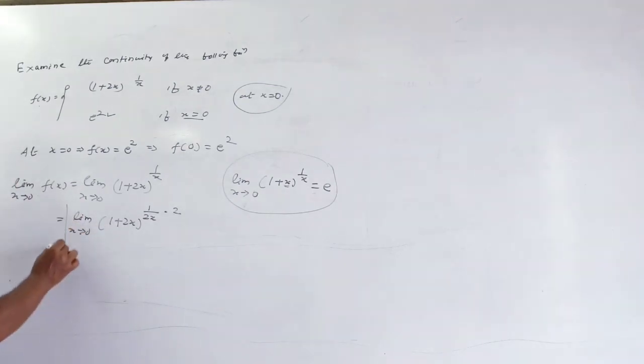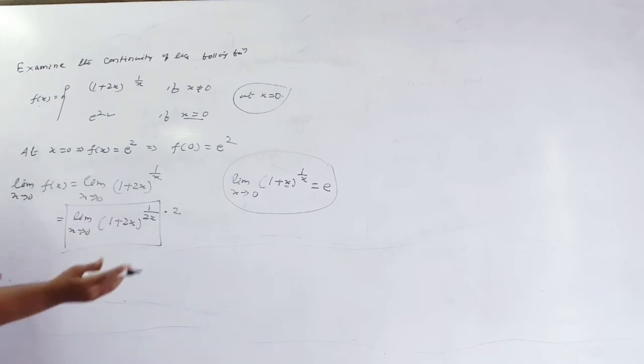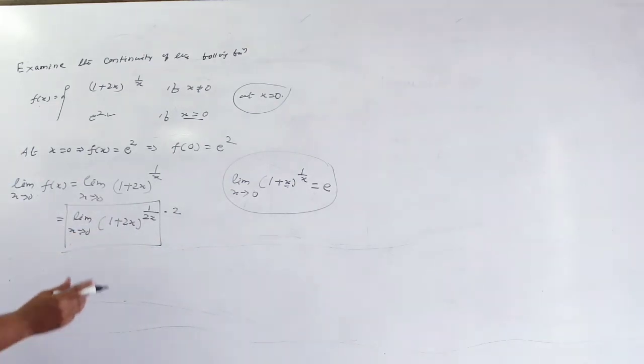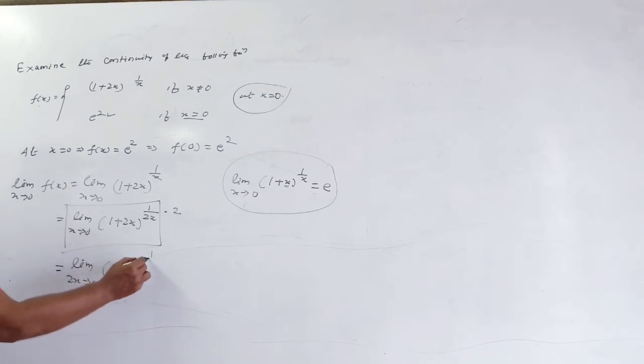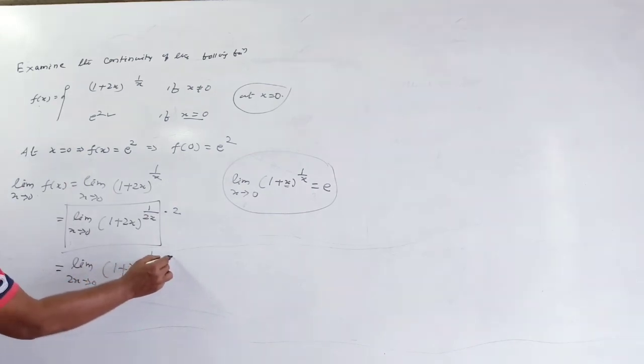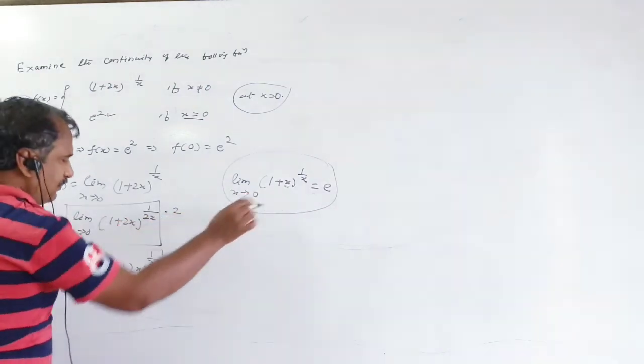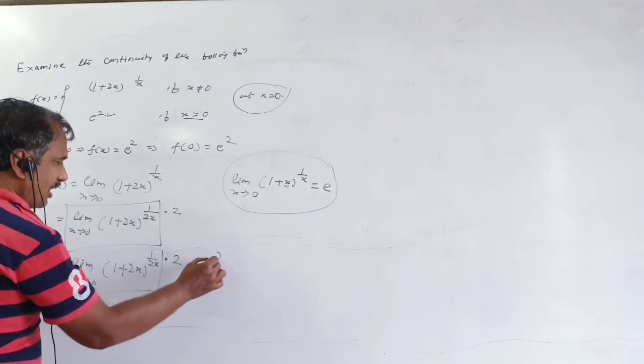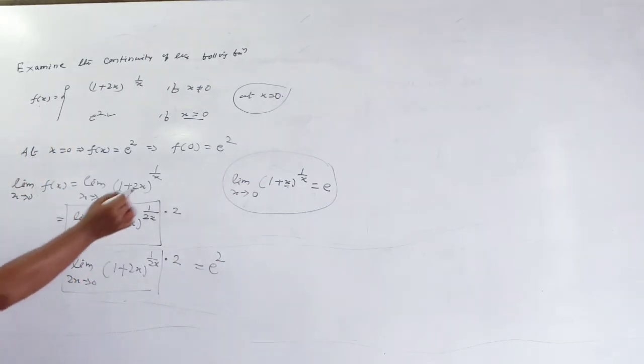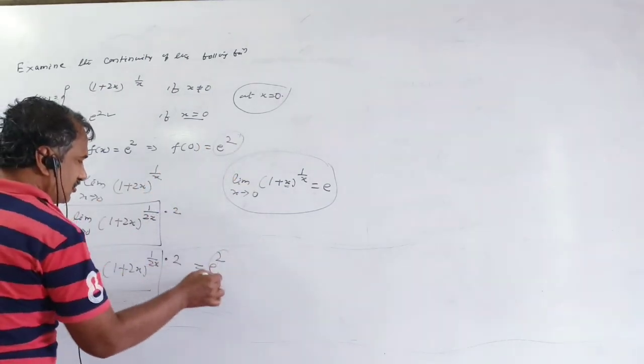So what is the limit value of this one? Limit 2x tends to 0 of (1 plus 2x) to the power 1 by 2x, the whole into 2. The limit value of this is e, so e square. So e square equals e square.